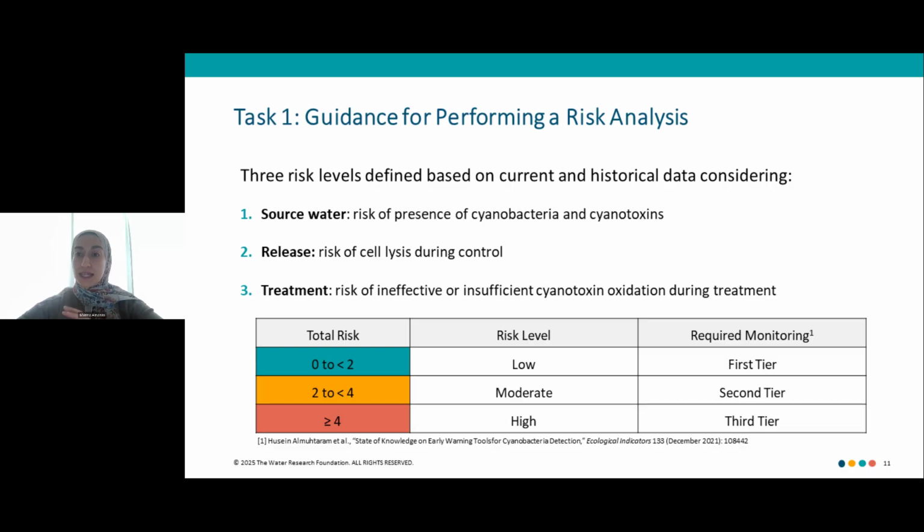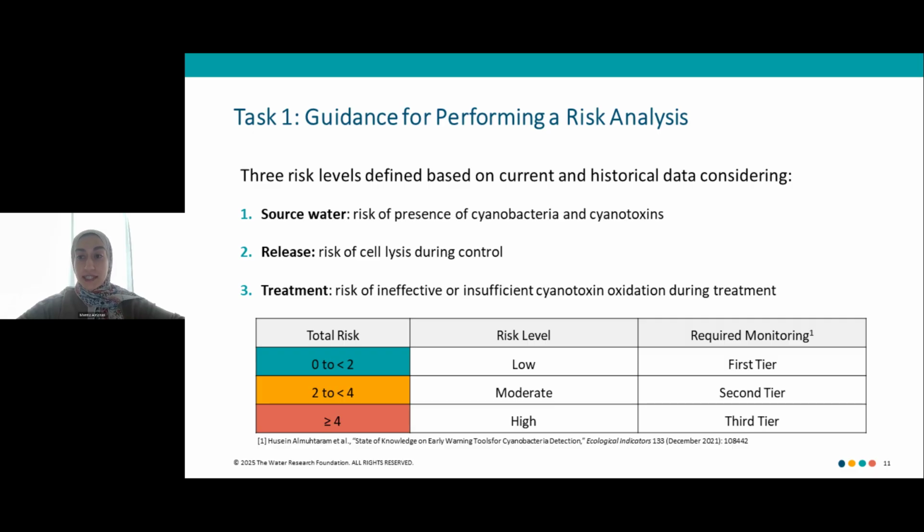For the risk analysis, you're going to end up being in one of three levels: low, moderate, or high risk level. And how you're going to end up with these levels is that you need to assess risk in many different categories. We classify three main categories that you need to consider when you're doing a risk assessment, based on your current and historical data.